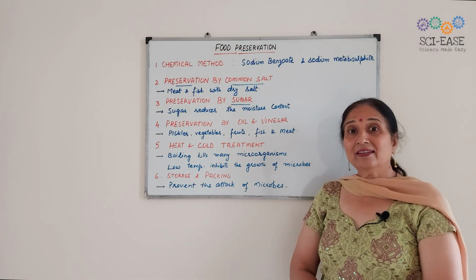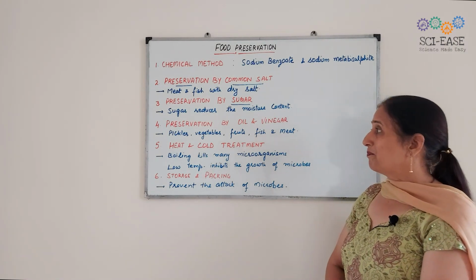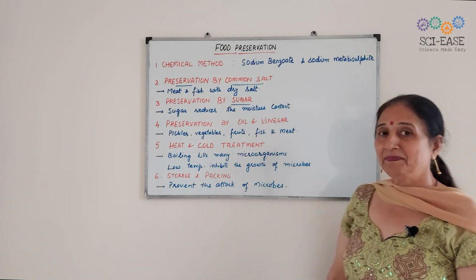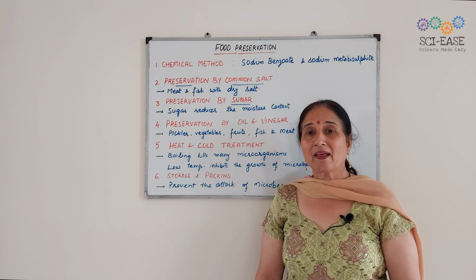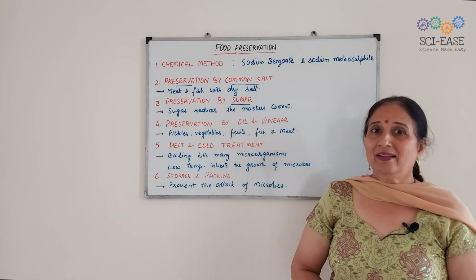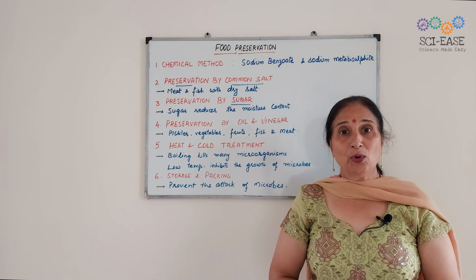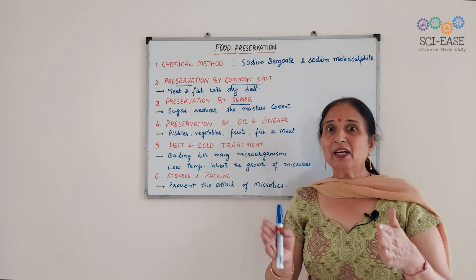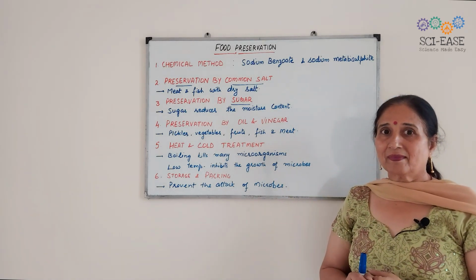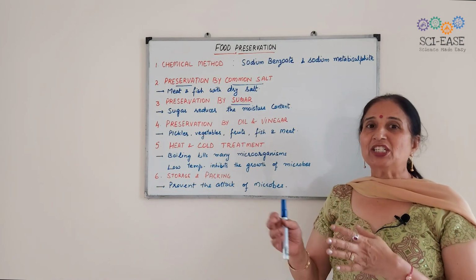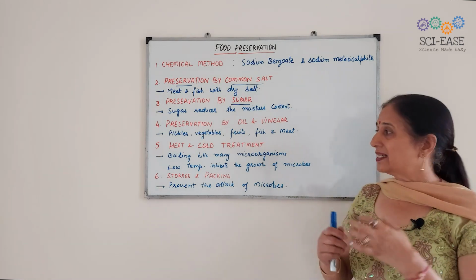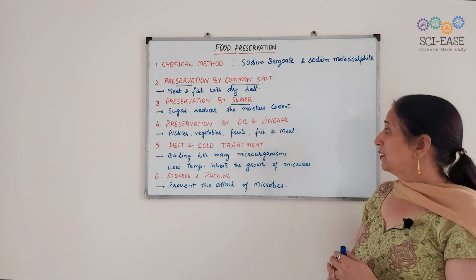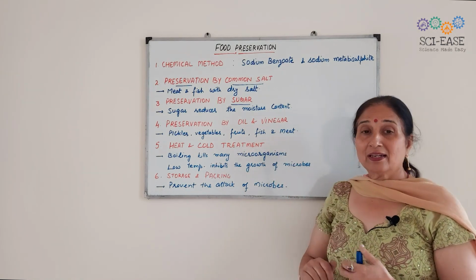Next method of preservation is by oil and vinegar. You see in your homes that your mother prepares a pickle of different vegetables or mango, etc. Some fruits also, fish and meat.